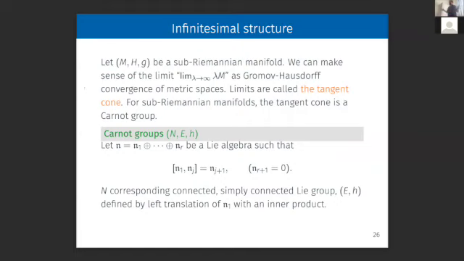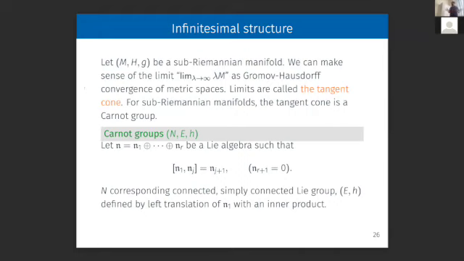And for sub-Riemannian manifolds, you will always end up looking like what is called a Carnot group, which is a nilpotent group where the first layer combined with one of the other layers always generates the next layer. Since it's a nilpotent group, you can get a Lie group by just using the Baker-Campbell-Hausdorff formula.